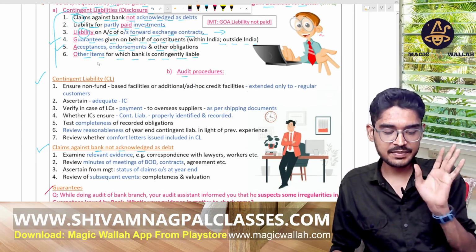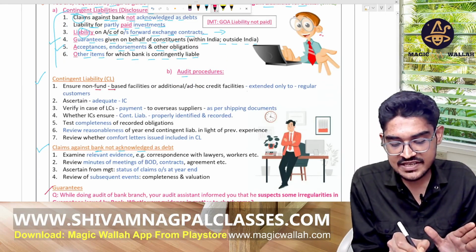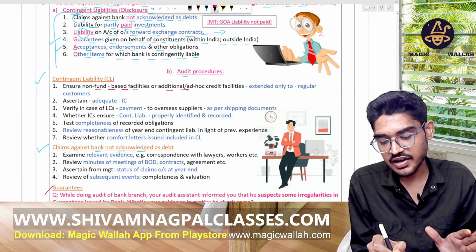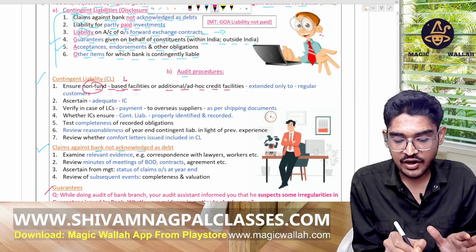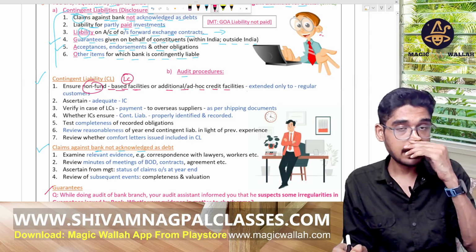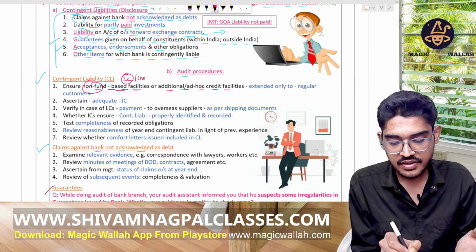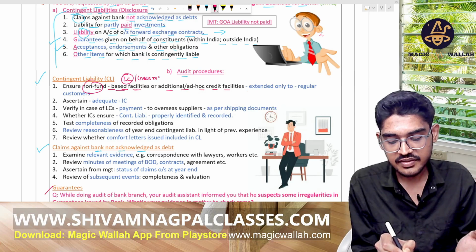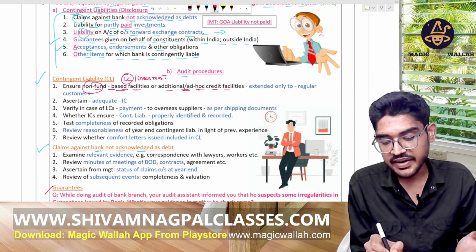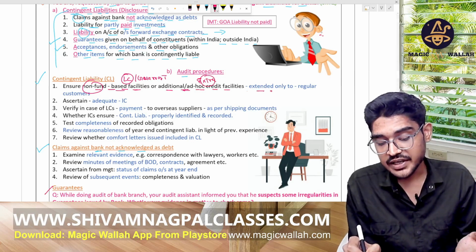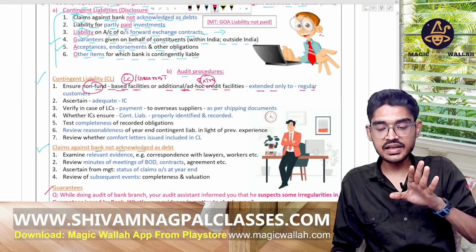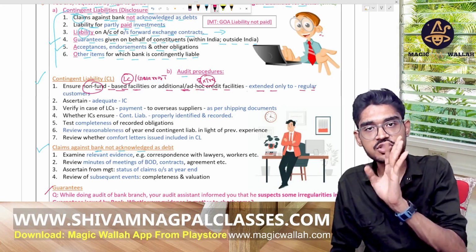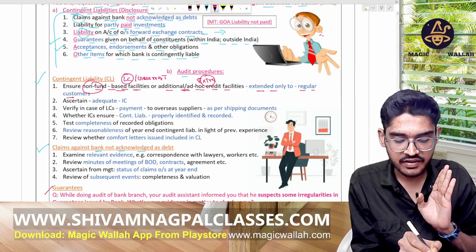For the contingent liabilities, ensure the non-fund based facilities or the ad hoc limit, non-fund based facilities like letter of credit, guarantee, or the ad hoc limit, you can say extra limit, are given only to regular customers. So the bank can give letter of credit, guarantee, extra limit only to regular customers, not to anyone.